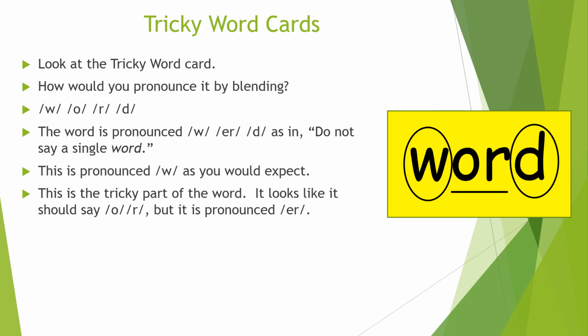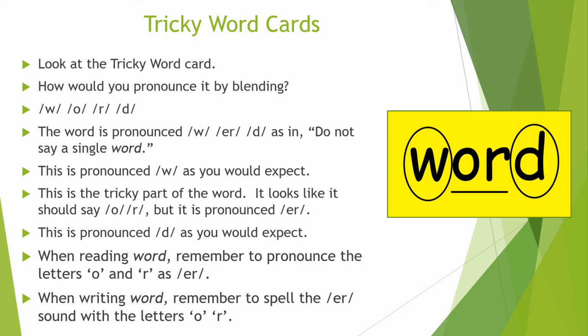This is the letter D. It is pronounced d, just as you would expect. It follows those rules. When reading word, remember to pronounce the letters O and R as er. Let's sound it out. W-er-d. That's a tricky word. When you're writing word, remember to spell the sound with the letters O-R.